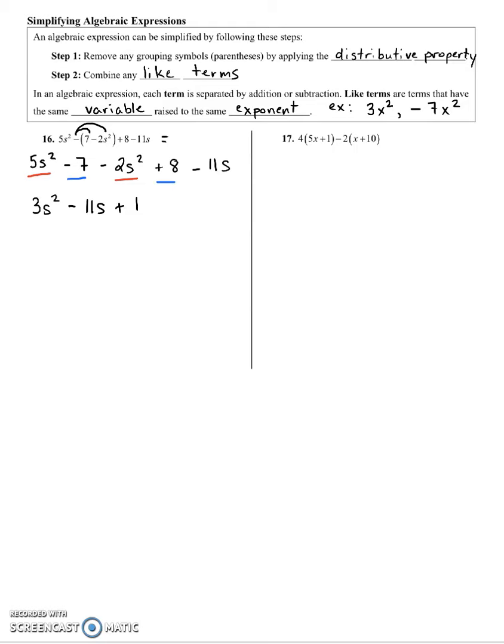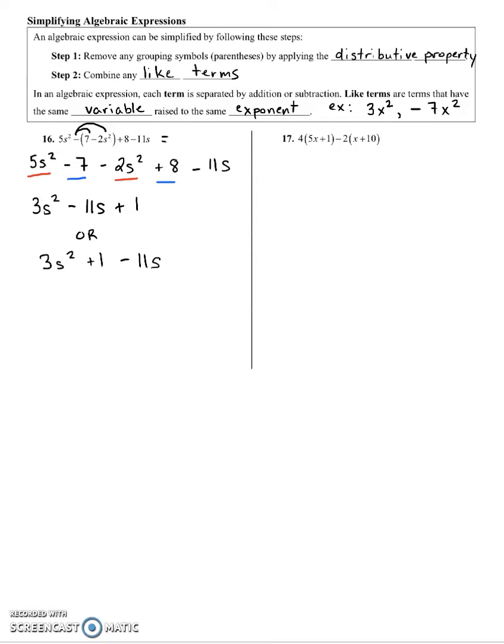Now, it doesn't matter if you write it in that order, or you could have written it like this: 3s squared plus 1 minus 11s. It doesn't matter what order you write the terms in as long as you get the signs right. I just always write it in descending order of power. So I started with the highest exponent on the variable, which was squared.